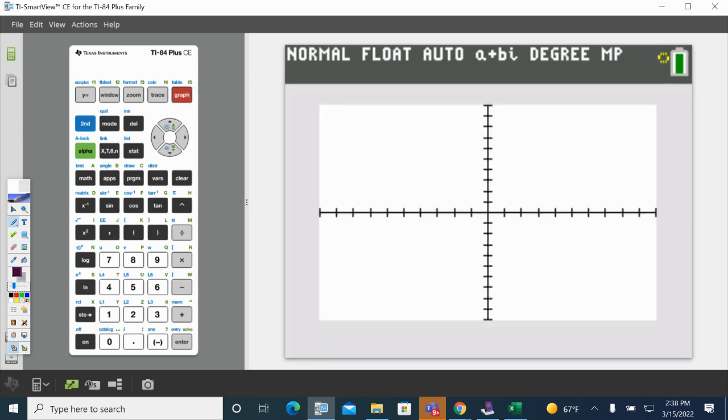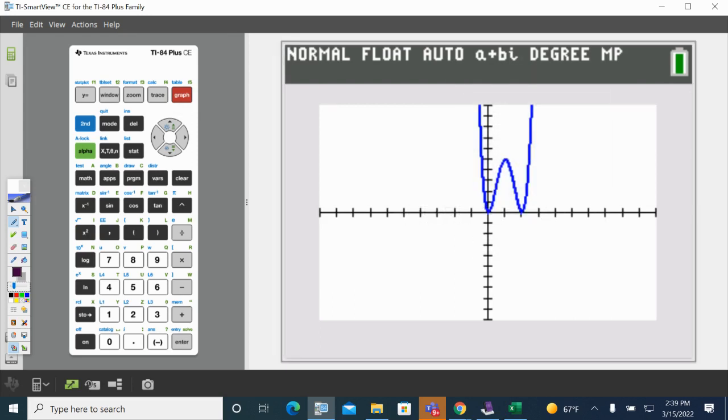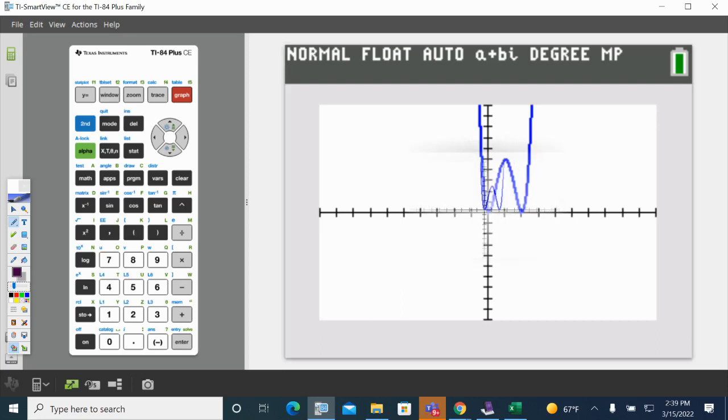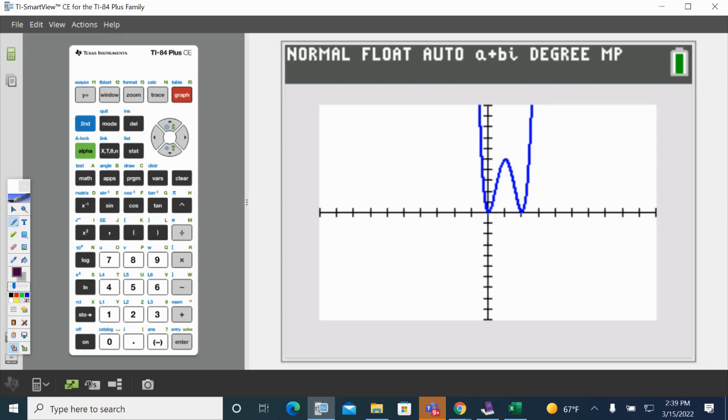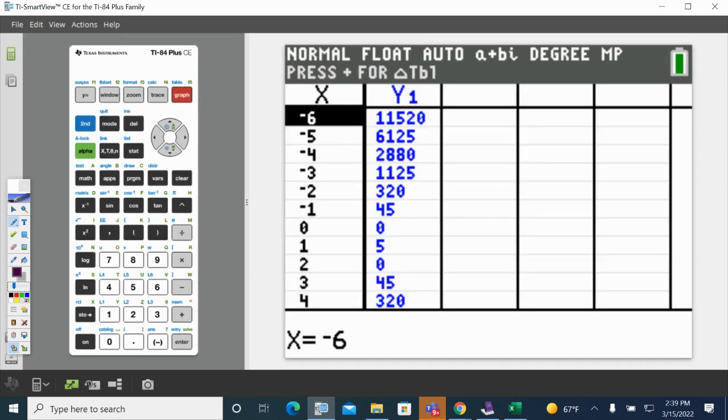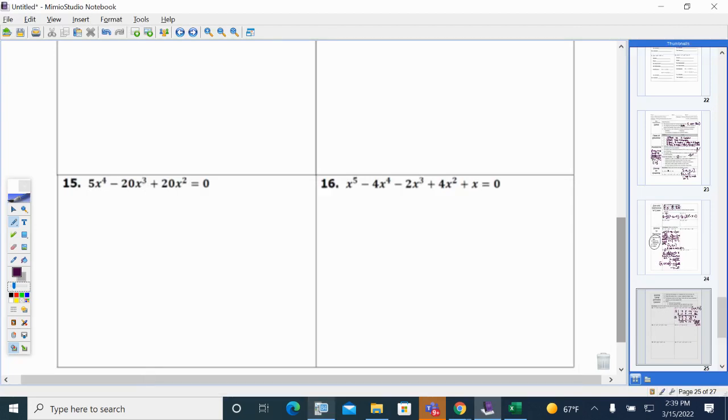I'm going to graph. So if you'll notice here, this thing bounces off of the x-axis. So I'm looking for 4 solutions, and I see all 4 right here. So it looks to me like 0 and 2 are my solutions.